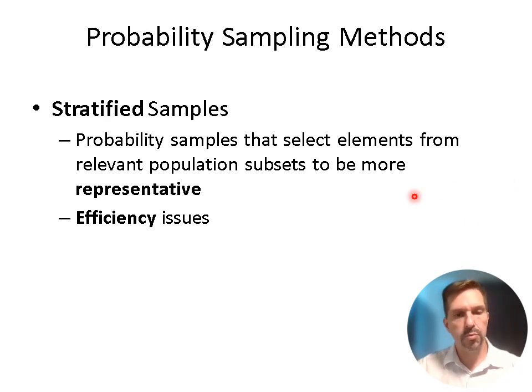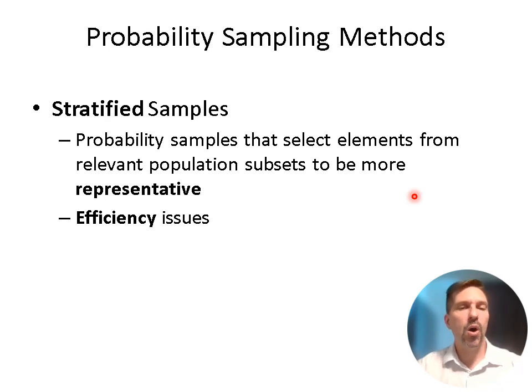Typical example of this will be gender, but it doesn't have to be. I'm going to give you an example that we have already done in the previous slide, where we have large and small stores. That will be stratification variables so long as you define what large stores and what small stores are. Of course, you could do large, medium, and small, or you can do any other categorization.